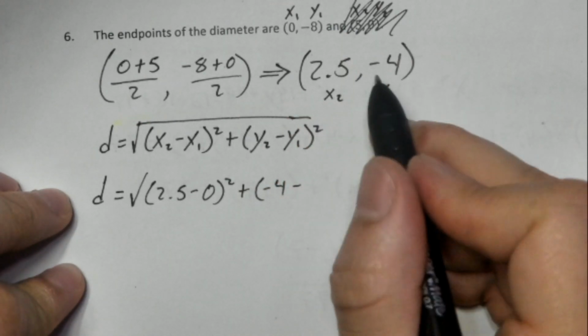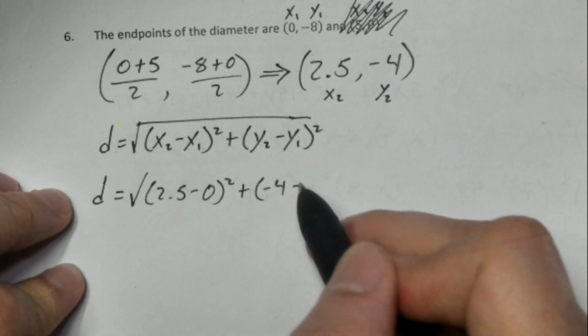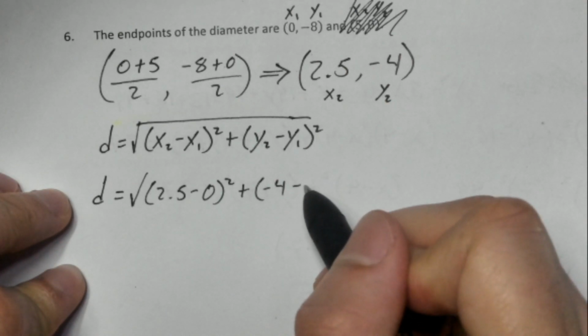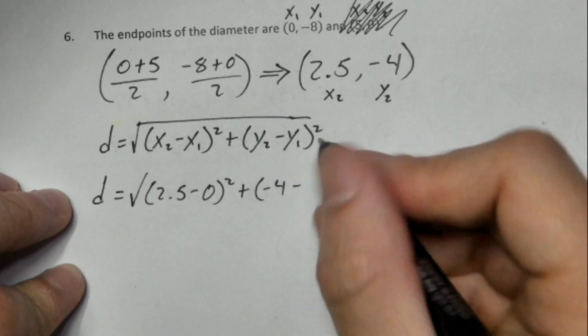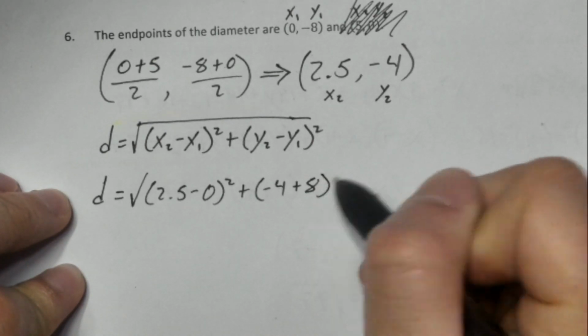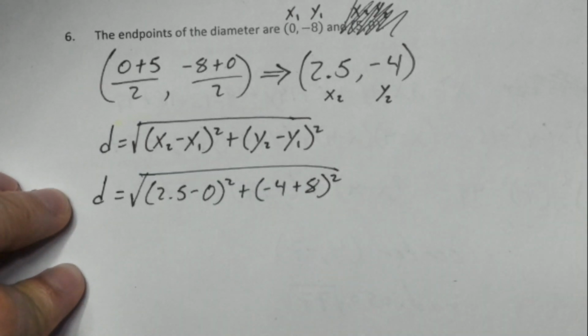If you notice, there's the minus from the equation, but then y1 is negative, so I'm going to have a double negative. Anytime you have a double negative, that'll just make this thing a positive. And that's that.